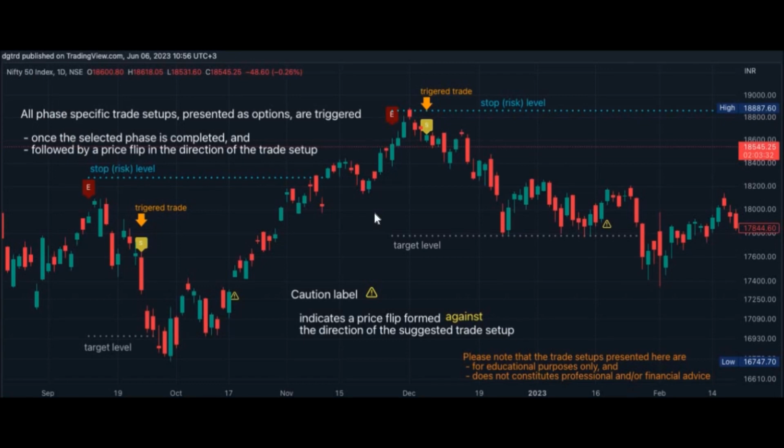Enter a trade at the momentum phase completion and search for buy or sell once the bullish momentum phase pattern is complete. Ideally, the momentum phase completion should close near its support or resistance line but shall not be above them, which indicates continuation of the trend. Okay, this is so easy to really understand, and as you can see much a try here, all phase specific trade setups presented as options are triggers to understand when you want to execute a trade.